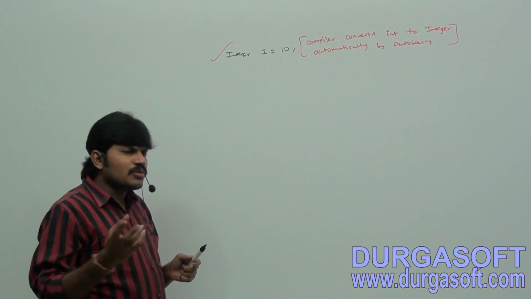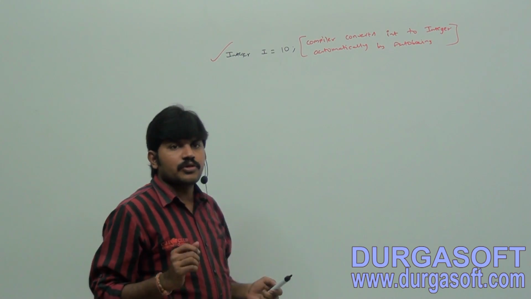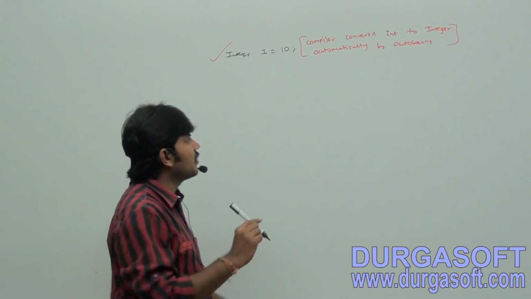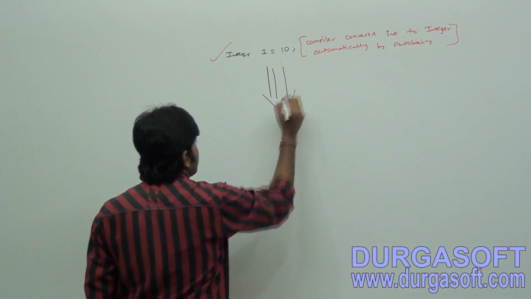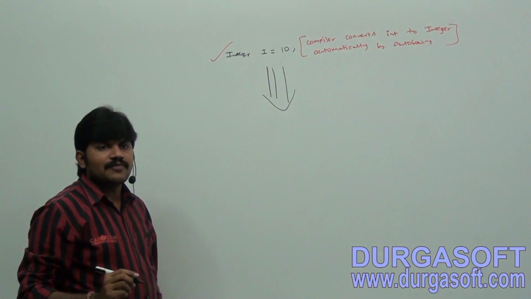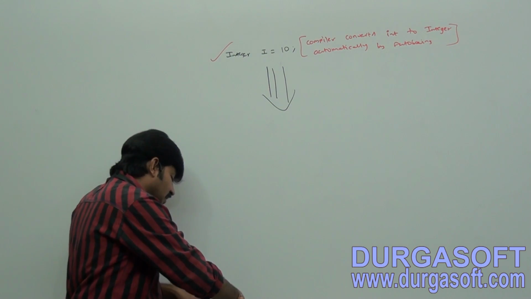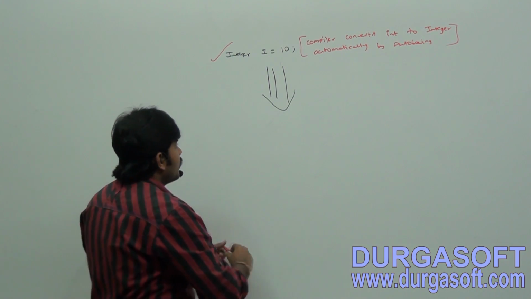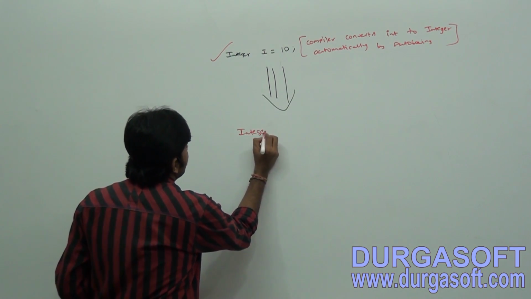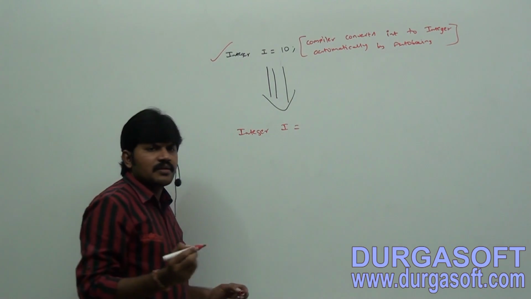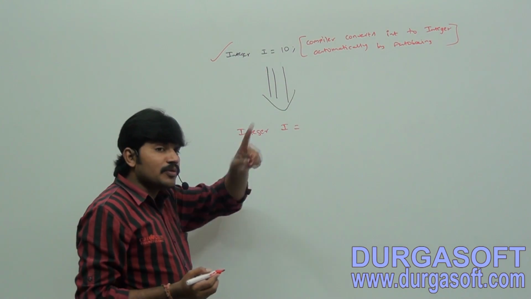Do you know how the compiler performs this? You may have a big doubt. Listen to this. After compilation, this line will become Integer i = ... How do we convert primitive to wrapper object?